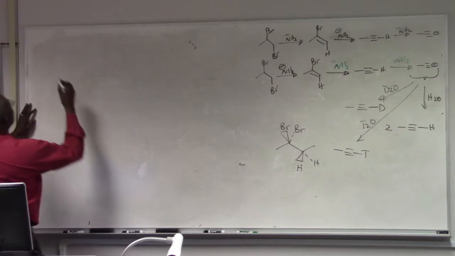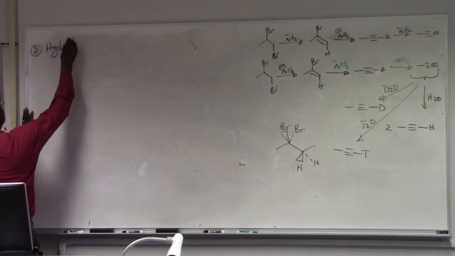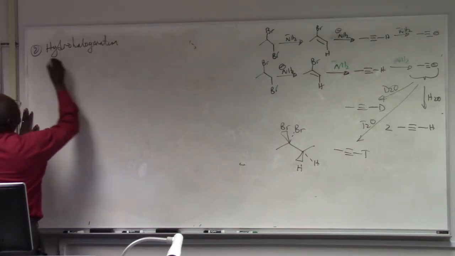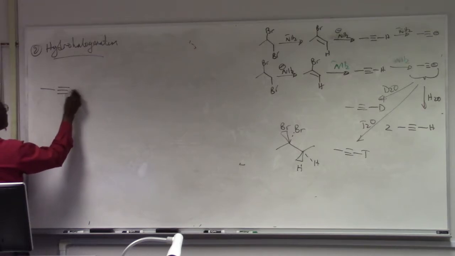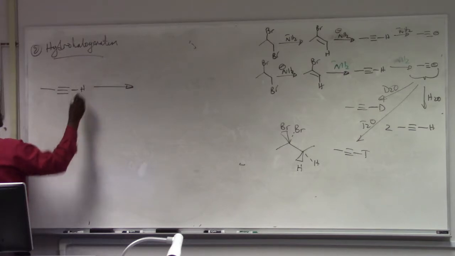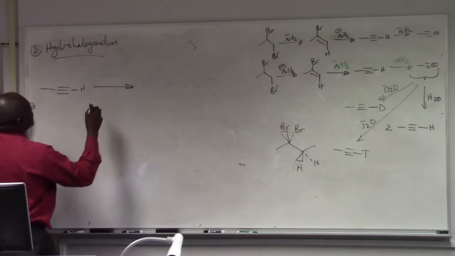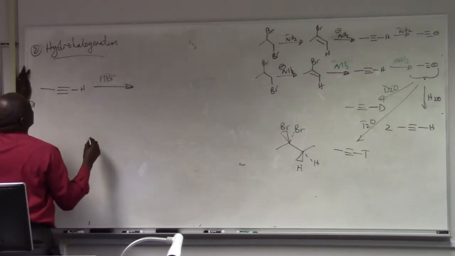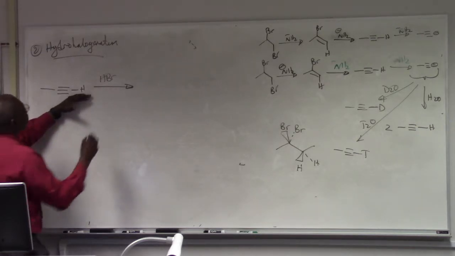So under reactions of alkynes, let's do hydrohalogenation. Basically, if I treat, let's make it a terminal one, Markovnikov's rule will apply. If I use, let's say, HBr, the H will go to the carbon having the larger number of hydrogens.